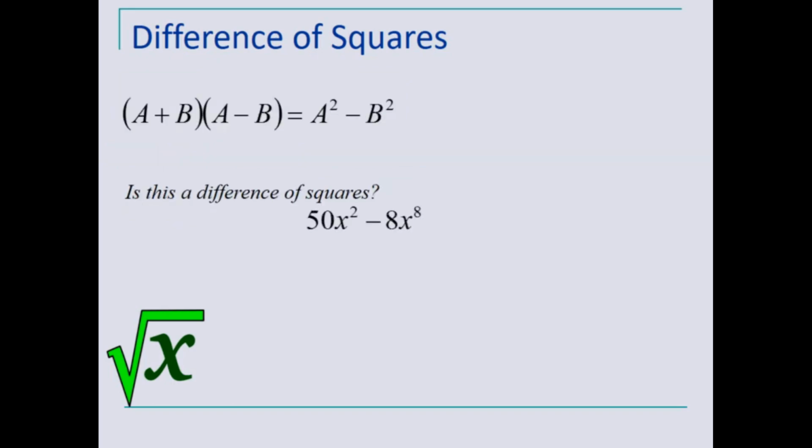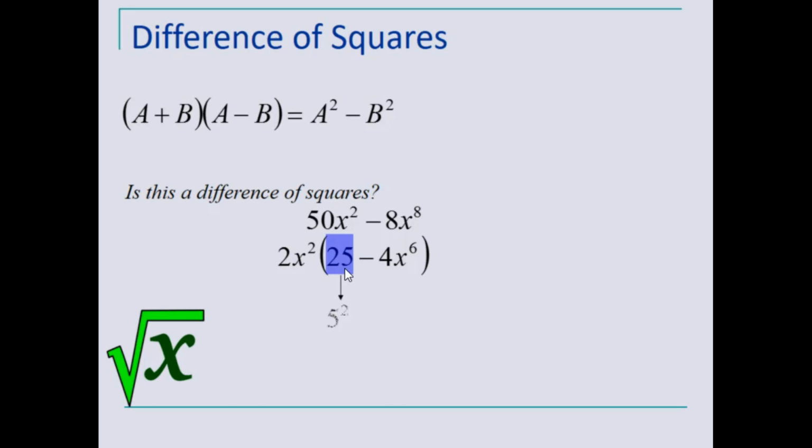Is this a difference of squares? We cannot forget that sometimes we need to factor out the largest common factor first. For this binomial, the largest common factor is 2x squared. Once we have it factored out, we'll look at the remaining binomial and ask the question, is it a difference of squares?